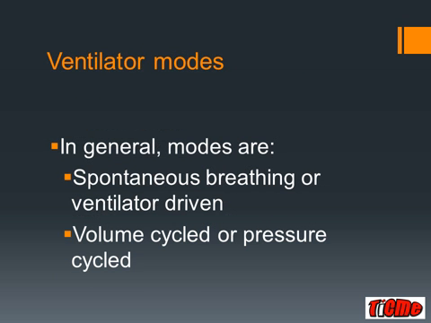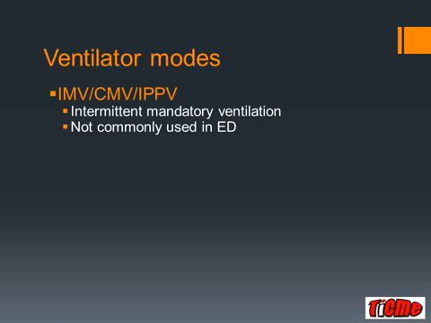So, here we are at ventilator modes. In general, the modes are spontaneous or ventilator-driven modes, and then they are either volume cycled or pressure cycled. First cab off the rank is intermittent, or sometimes known as continuous, mandatory ventilation.